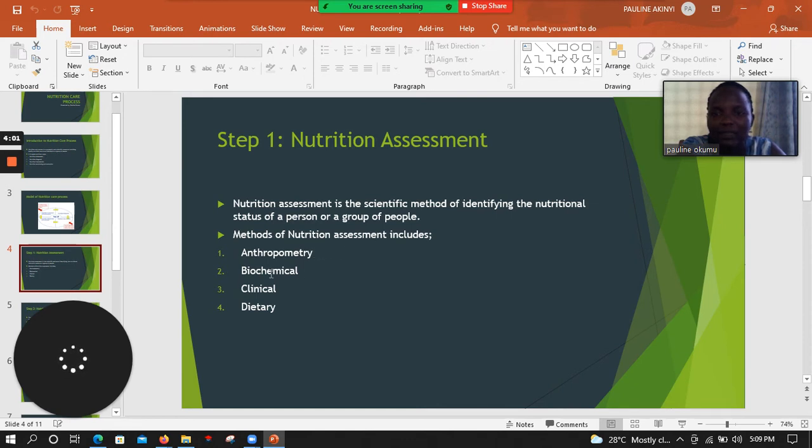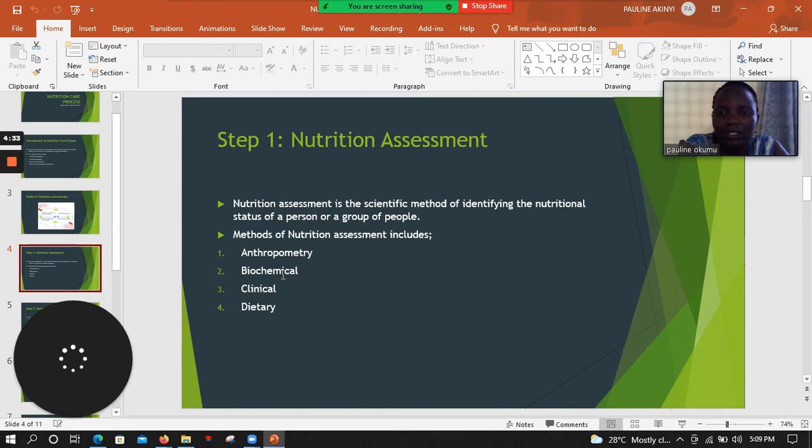The second method of nutrition assessment is biochemical assessment, and this involves conducting a biochemical test on an individual to know their nutrition status. For example, if you want to know if someone is having high blood sugar levels, you must do a sugar test in the blood. If you want to determine the lipid levels in an individual, a lipid test must be done.